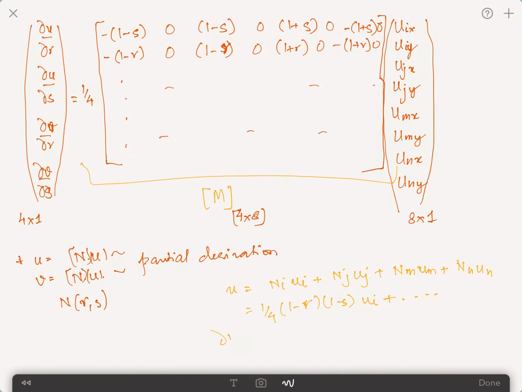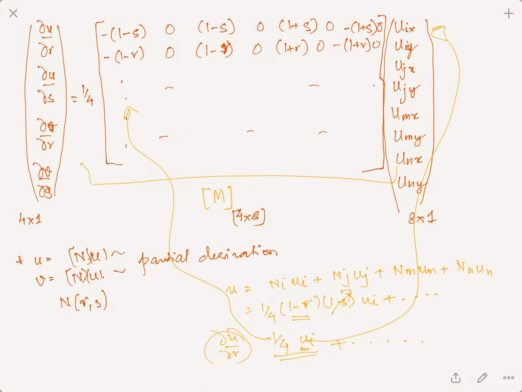And then I will do a partial derivative of dou u dou r, and here I will be left with 1 by 4, and this will be gone. And that way I'll be able to define a certain derivative here, and that's where I get ui out here and the term into this particular matrix. I hope that is clear to you.